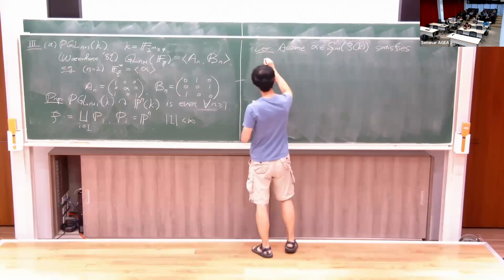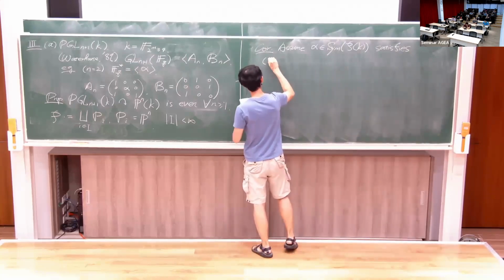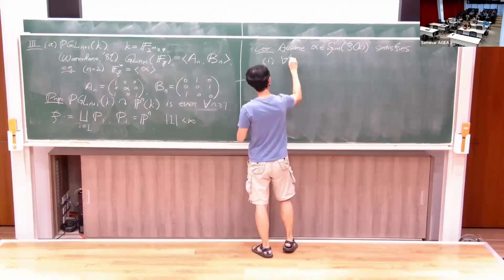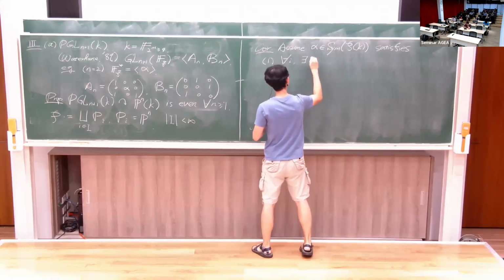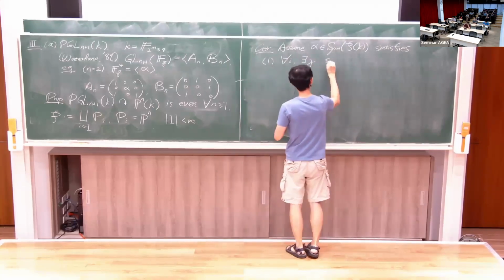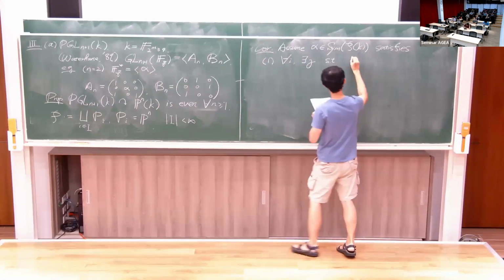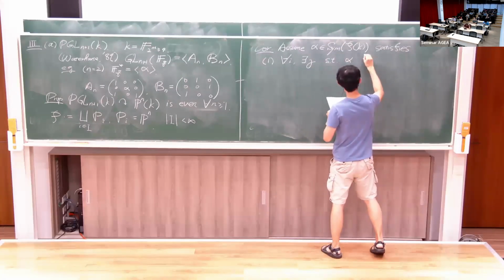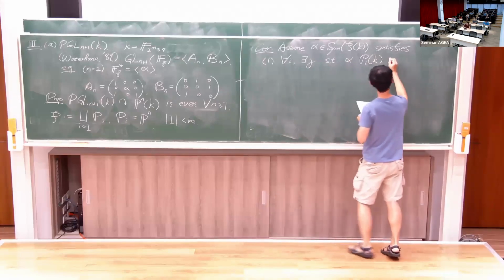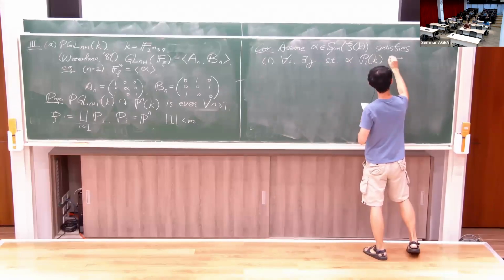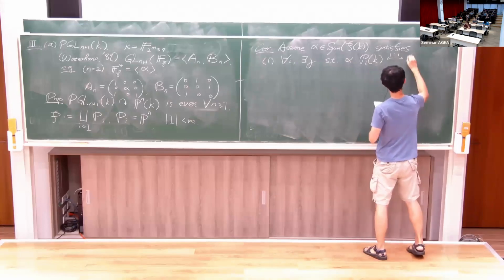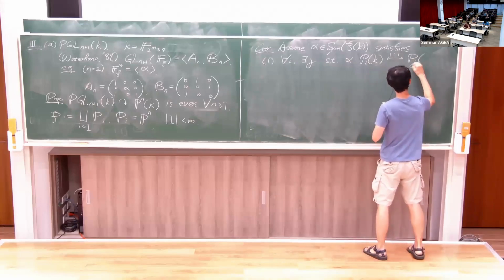First, for every i, there exists j such that alpha maps the rational points on Pi bijectively to the rational points on Pj.